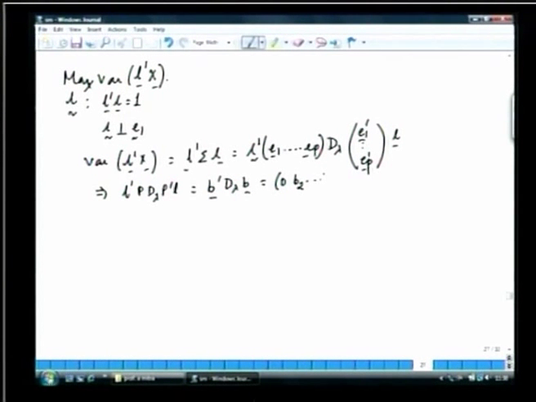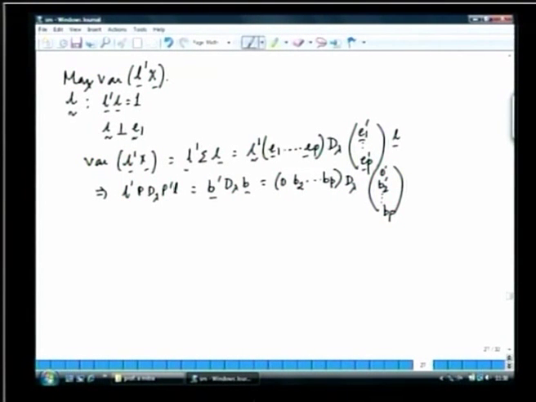because all I have is the condition that L prime is orthogonal to E1 and not so with the other E vectors. So, I have 0 to B2 to BP and then D lambda, and then I have the vector B2 transpose to BP transpose, right. These are essentially scalars.